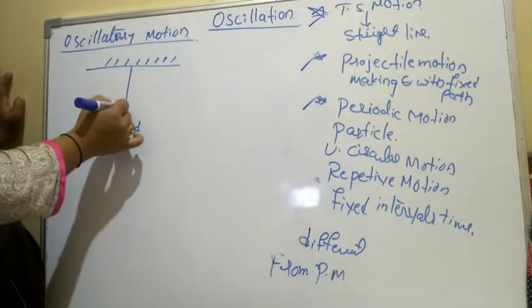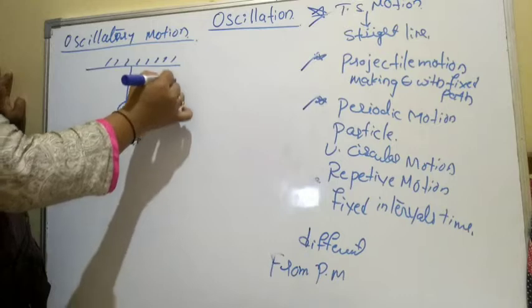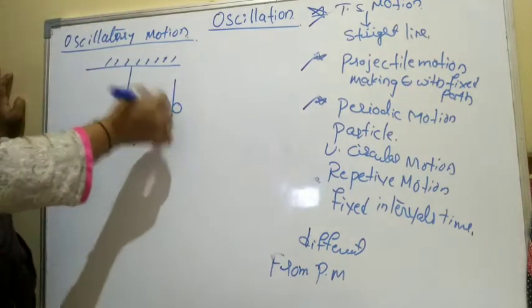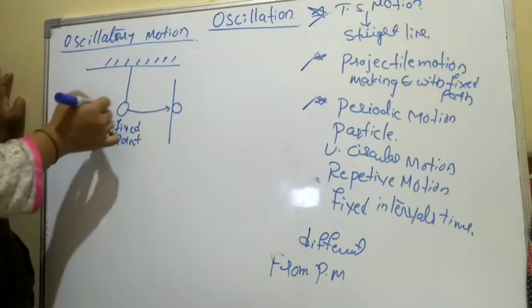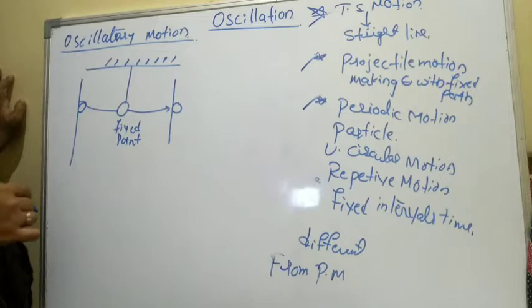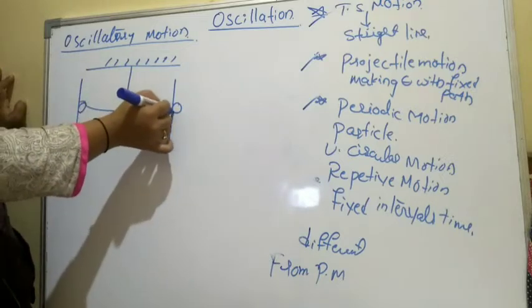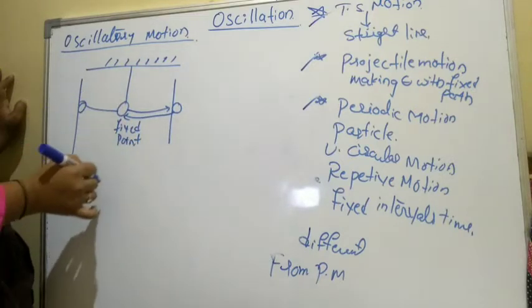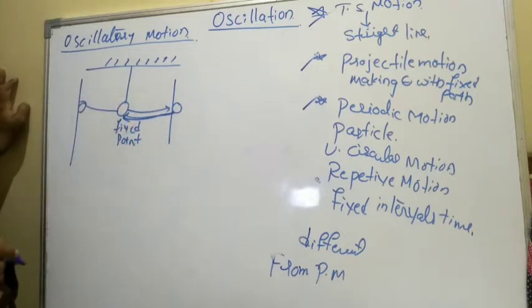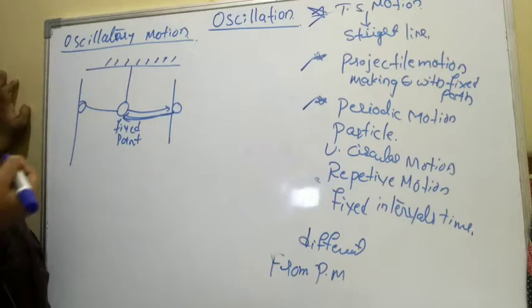If you stretch it here, it will move towards one extreme position. The bob is going to settle there, maybe for 2 seconds or 1 second, and it will not stay there only. It will try to move towards the main position where it started the journey.